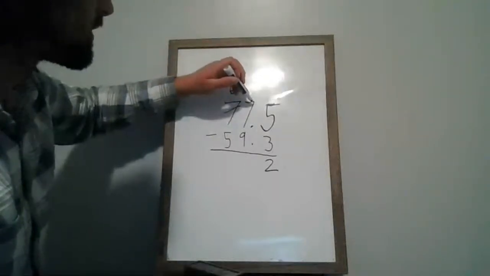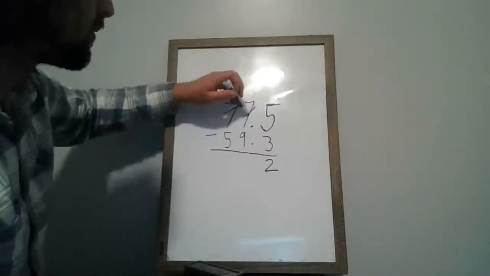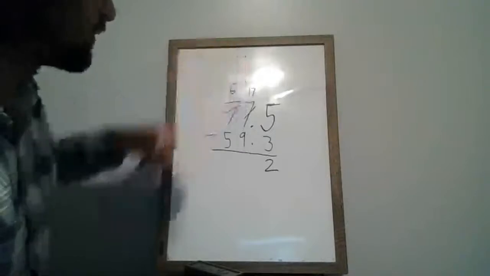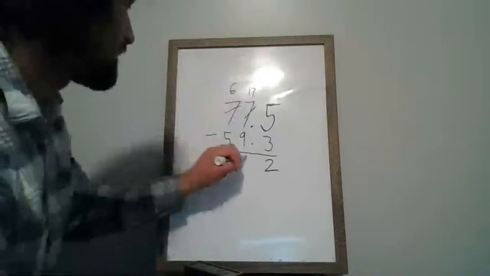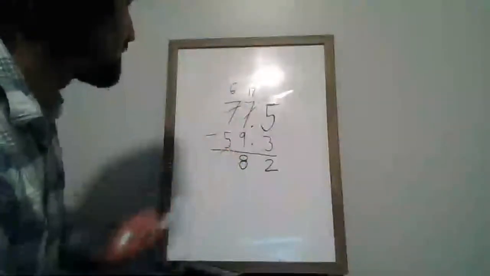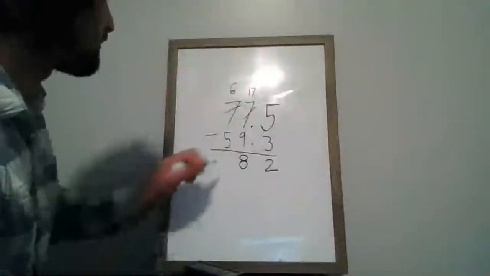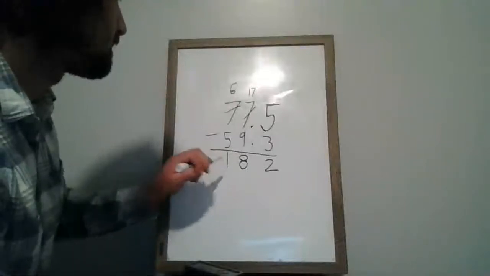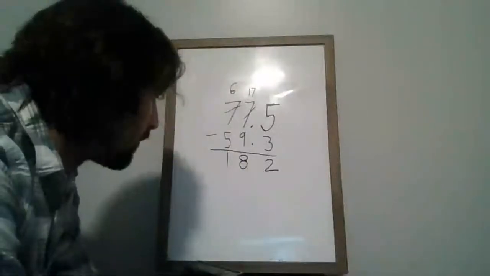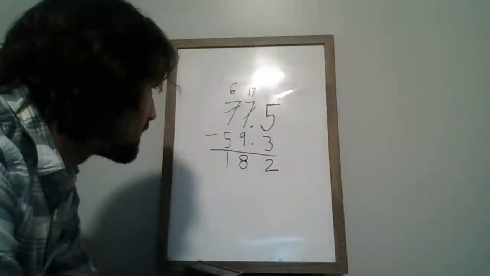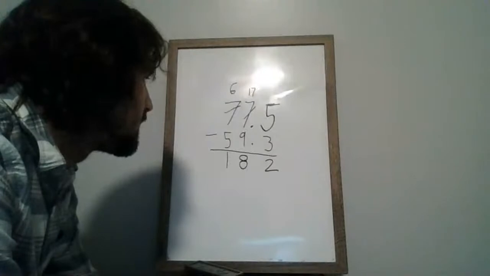This 7 is going to become a 17. You can draw 1 in front of the 7, or you could just cross it out, draw 17 above there, either way. So 17 minus 9 equals 8. And 6 minus 5 equals 1. Now, if we just left the answer like that, it would be wrong. 182 is not the answer because we need to put the decimal point in the right place.